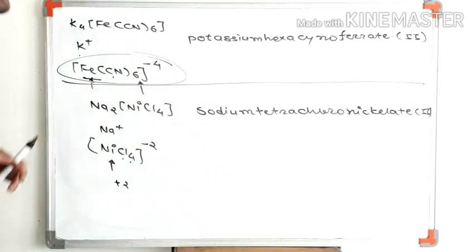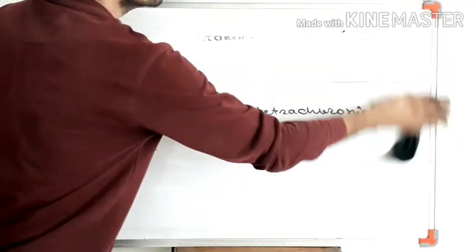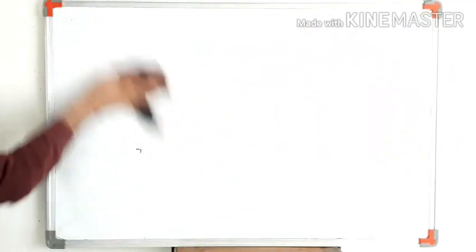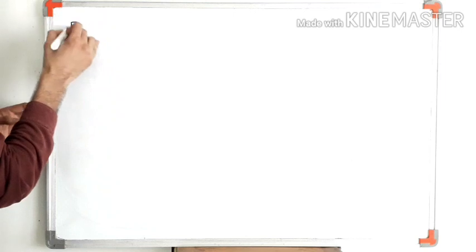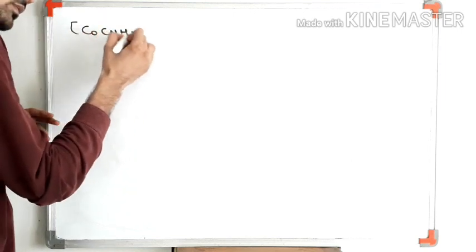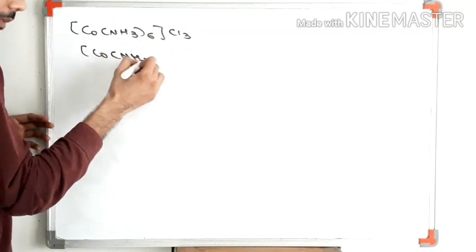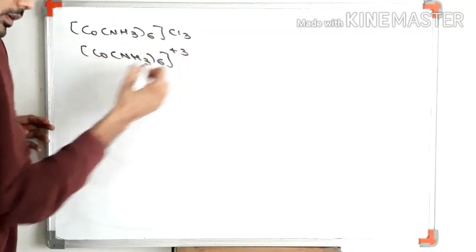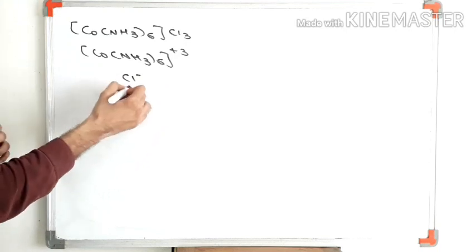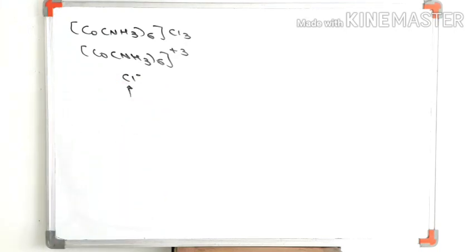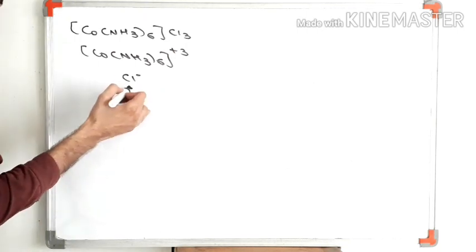Next one. [Co(NH3)6]Cl3. The positive ion is [Co(NH3)6], and the negative ion is Cl minus. Here we don't have to apply O for Cl minus, it is only chloride. Why not chlorido? Because here Cl minus is not a ligand, it is only a negative ion.